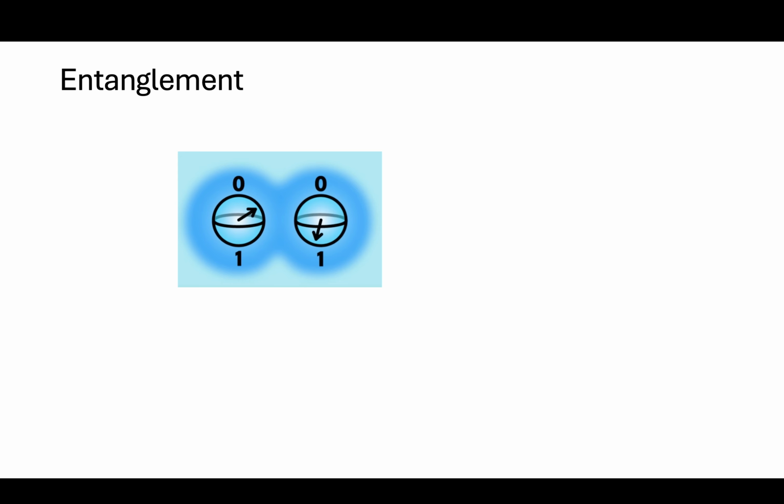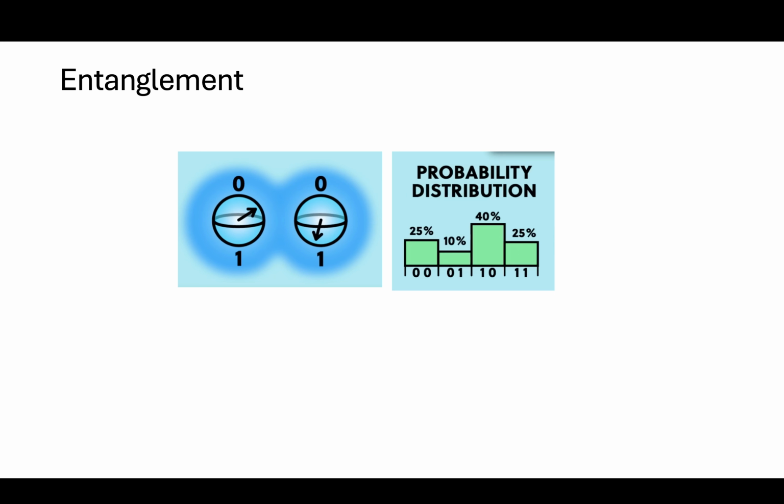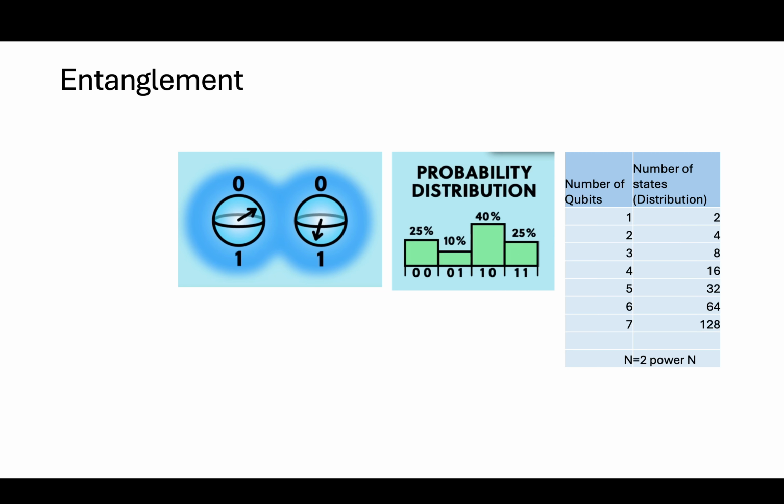Entanglement, if you go into detail, what is it? If you have a coin and toss it, the output is either 0 or 1, right? So the probability distribution could be 25% for 0 0, 25% for 0 1, 40% for 1 0, and 25% for 1 1.